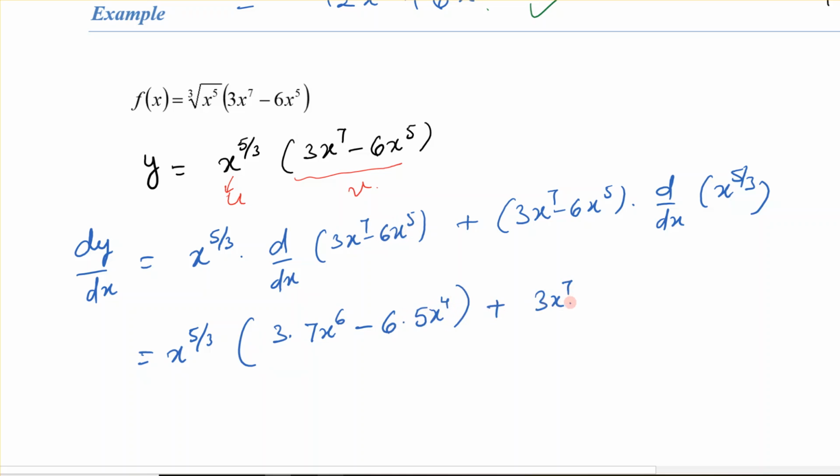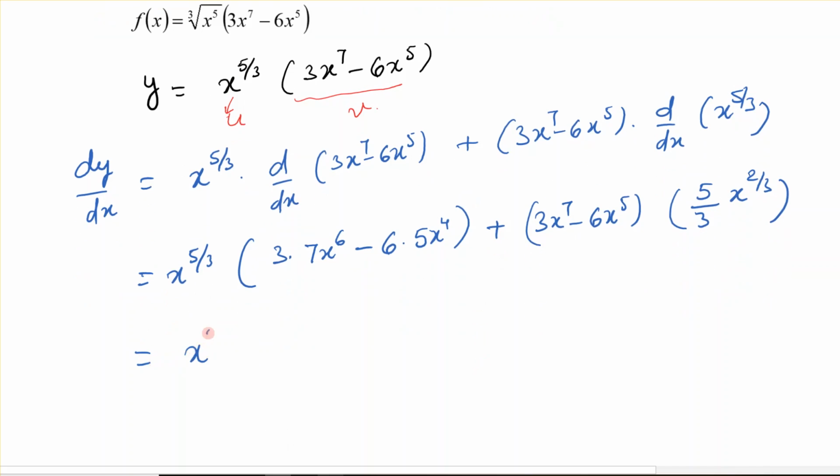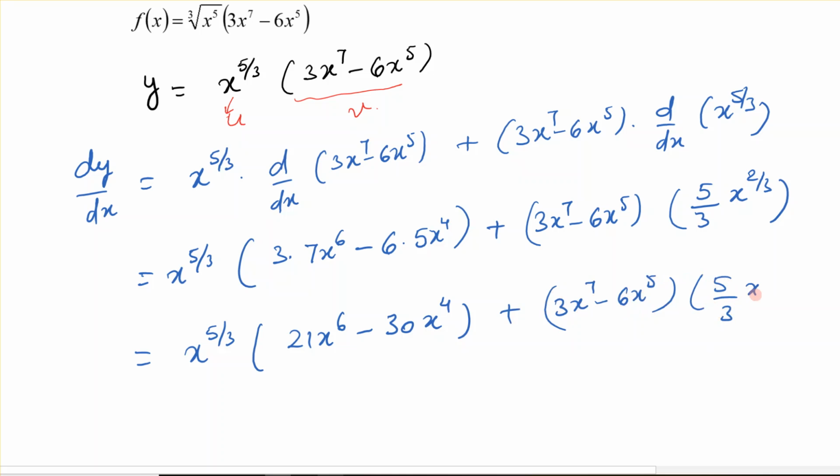Similarly, in the second one, (3x^7 minus 6x^5) as it is, and then for the derivative of x^(5/3) you bring the power down and reduce the power by 1. So 5 over 3 minus 1 would be 2 over 3. So we get 21x^6 minus 30x^4 plus (3x^7 minus 6x^5) times 5/3 x raised to power 2/3.